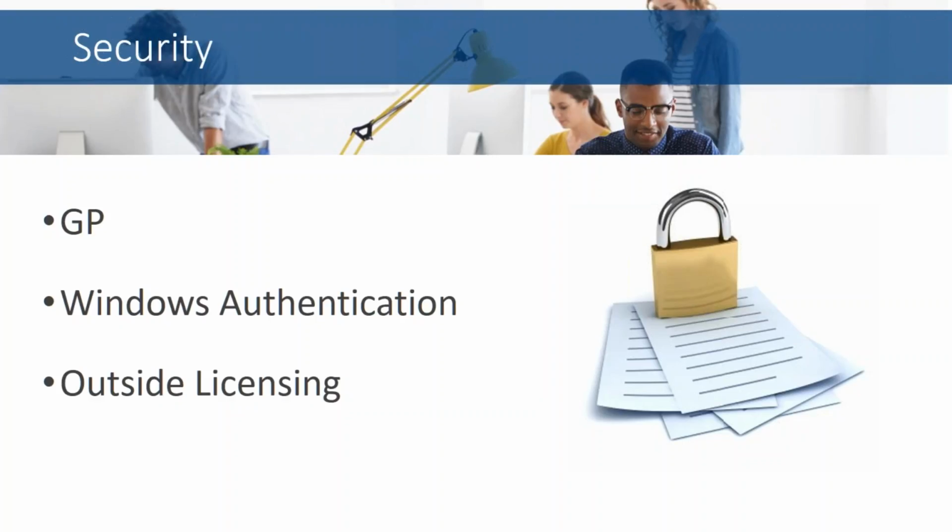The easiest example is the new kid on the block, Power BI. You have an Office 365 license, so it's not really tied to your GP or your Windows authentication. You now have another license to utilize that tool.